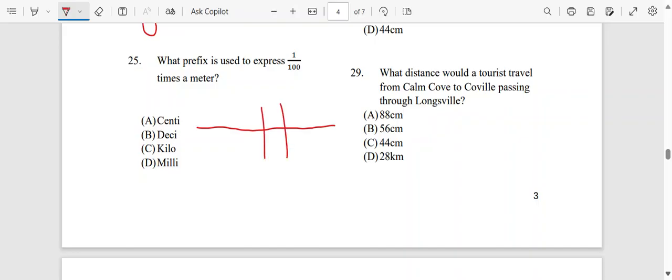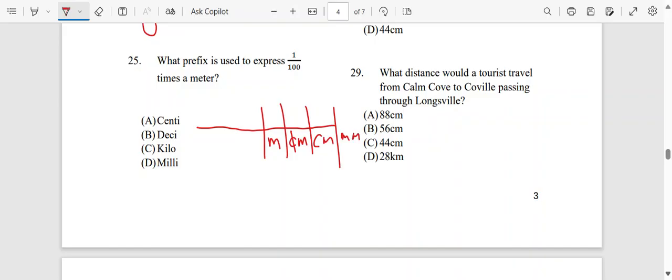We have here meter, and then after meter, we have decimeter, then centimeter, then millimeter.